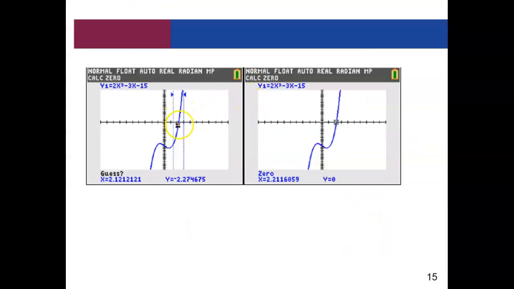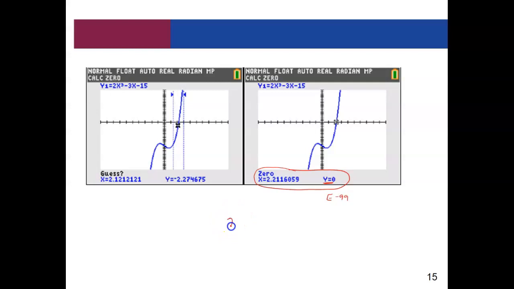Okay, once we get close to this guess, press enter, and then at the bottom you're going to see this as your answer. This should be 0 or something very close to 0. Sometimes it might say something like E negative 99, and that's just scientific notation for a really small number. So sometimes the calculator will round things kind of funny. But this is the zero, and that's the solution to this graph.